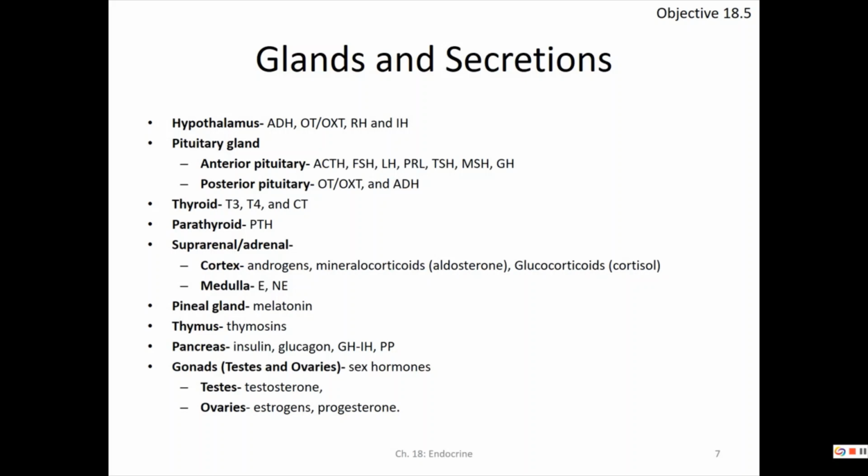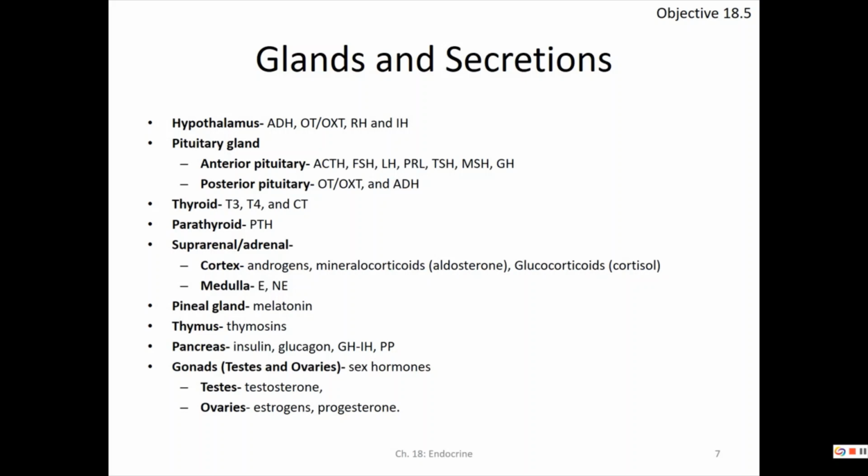But we also may know that it makes glucagon. Maybe we didn't know that. Now, it makes a hormone that is called growth hormone inhibiting hormone, GHIH. Then it makes one abbreviated PP. PP for pancreas is pancreatic polypeptide. Pancreatic polypeptide, PP.